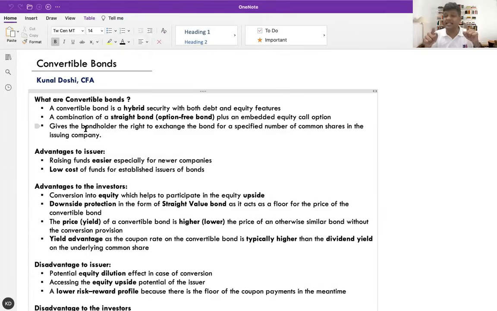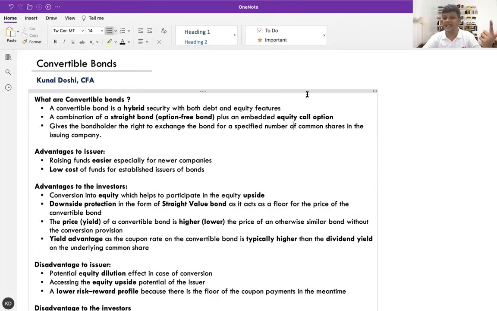So you are investing in these types of bonds not only for the coupon, but also for the equity option in it. Is that clear? What is an equity call option? An equity call option is an option where you get benefit if the equity price rises. So here, if the equity price rises, then the value that you are going to get on maturity can be substantially high. And that's the reason why you are investing in a convertible bond. Is that clear?